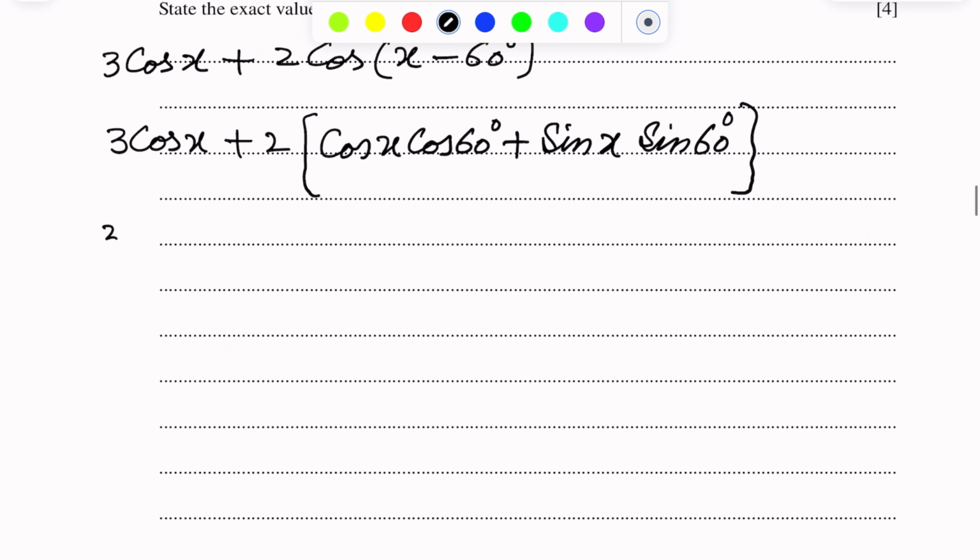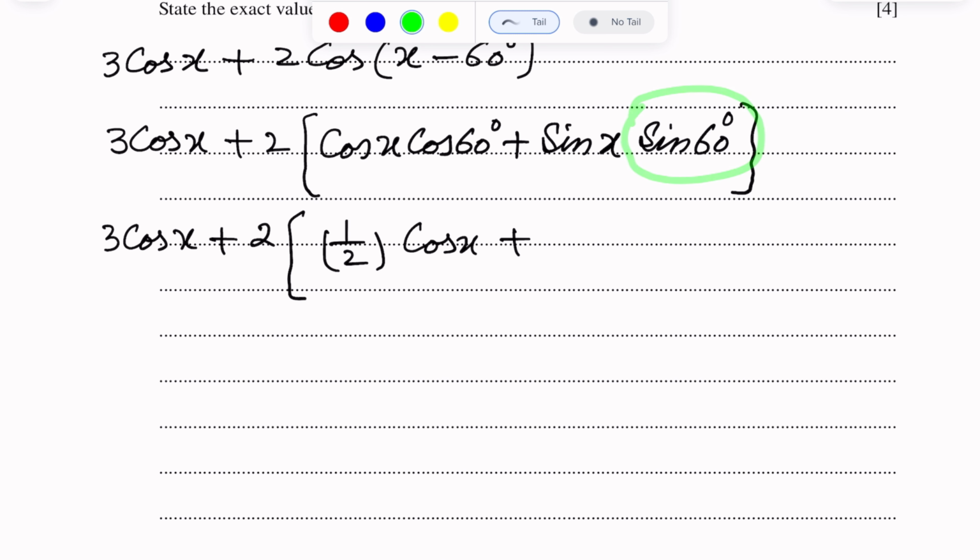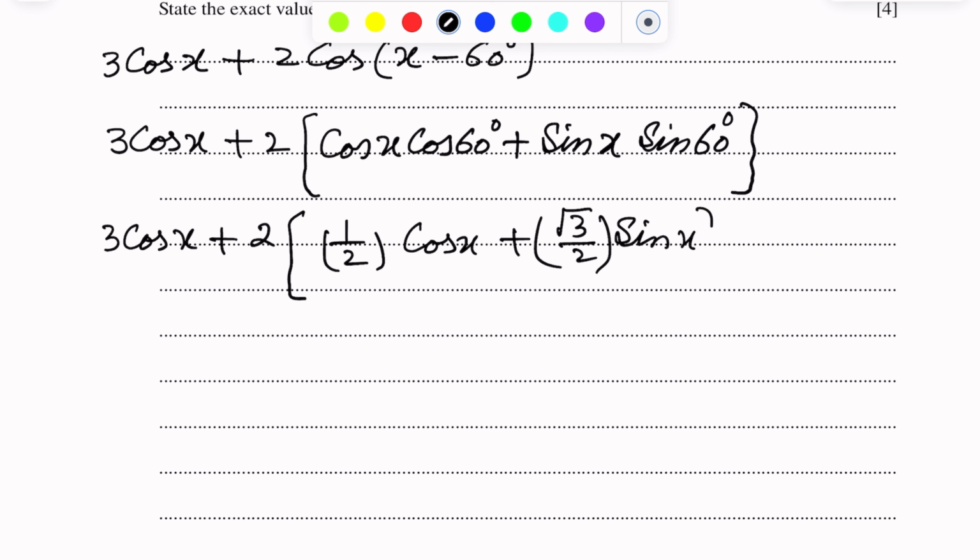We get 3 cos x plus 2 into, the value of cos 60 degrees is 1 over 2, so we can write 1 over 2 cos x plus, the value of sin 60 degrees is root 3 over 2, sin x. The value of sin 60 is root 3 over 2, and sin x remains the same.